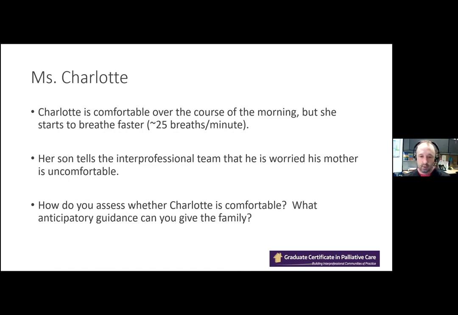So think about, before we go on to the next slide, how you assess comfort in a patient who can't talk to you. And I want to highlight that this is a really important skill for all members of the palliative care team. First of all, because we're not all in there at the same time every time, so being able to report back to the rest of the team and highlight for that nurse, hey, this patient is in distress.